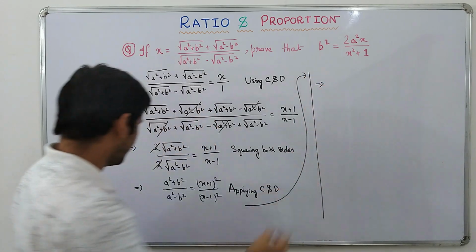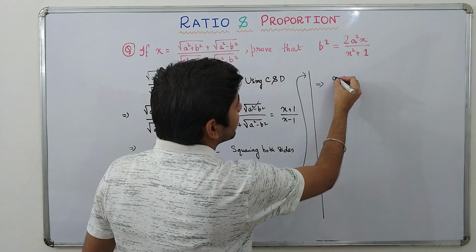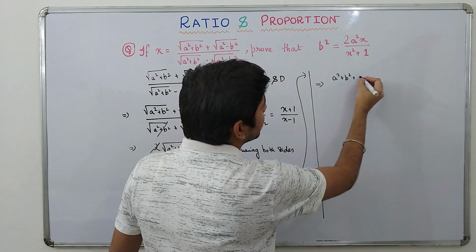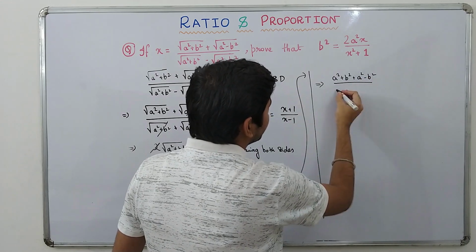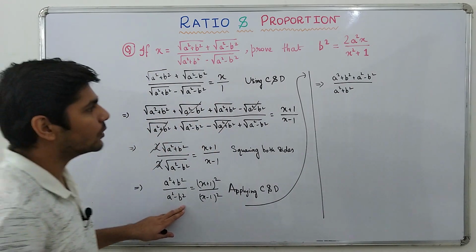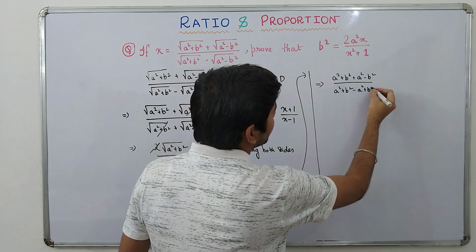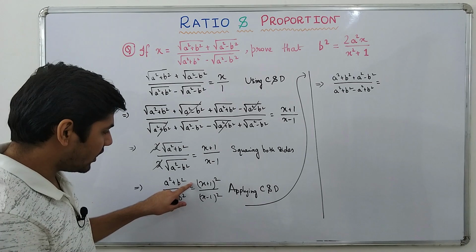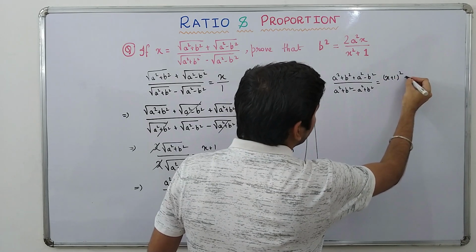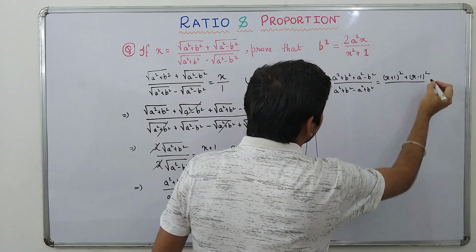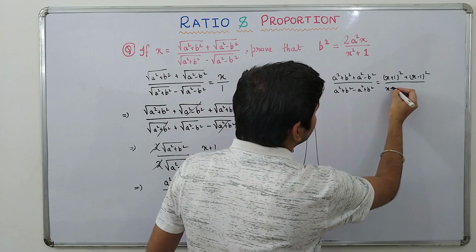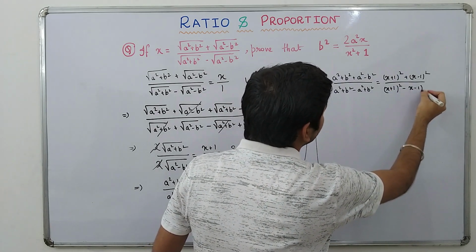So what do we get? a square plus b square plus the denominator, so plus a square minus b square, by a square plus b square minus the denominator, so minus a square minus b square, is equal to x plus 1 whole square plus x minus 1 whole square by x plus 1 whole square minus x minus 1 whole square.